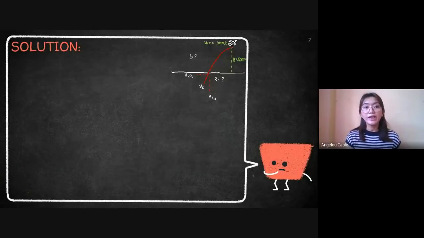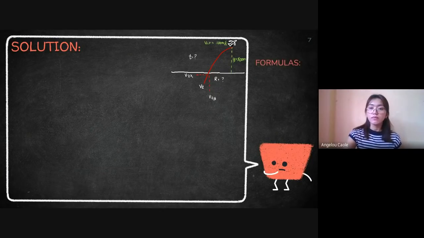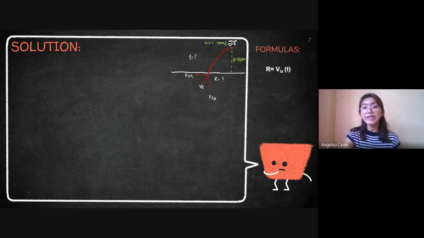The illustration for this example is given. We have the height, which is 500 meters, and the initial horizontal velocity, which is 100 meters per second. And we are looking for the range and for the time. For the formulas that will be used, in finding the R, we have R is equal to Vix times time.